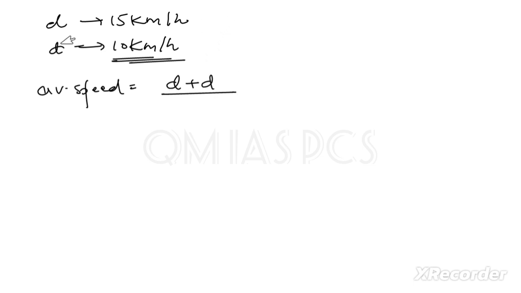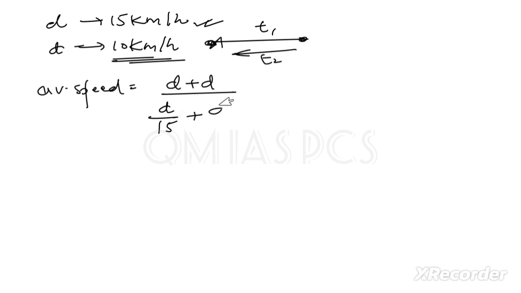Now the total time: for going from this point to that point, t1 is d divided by 15, and for coming back, t2 is d divided by 10. The numerator is 2d, and in the denominator we take the LCM of 15 and 10, which is 30.